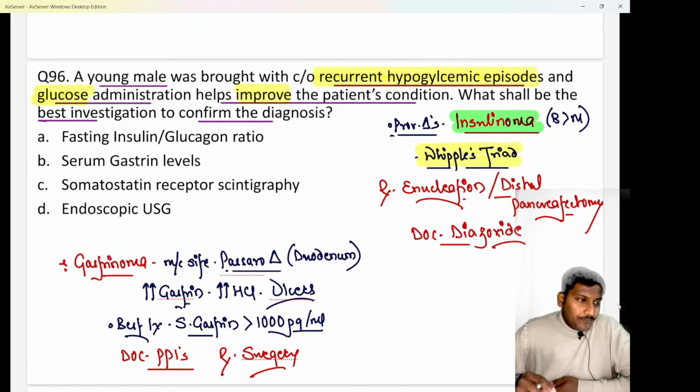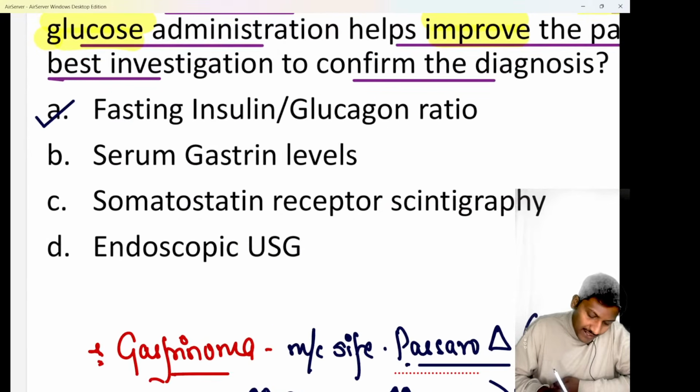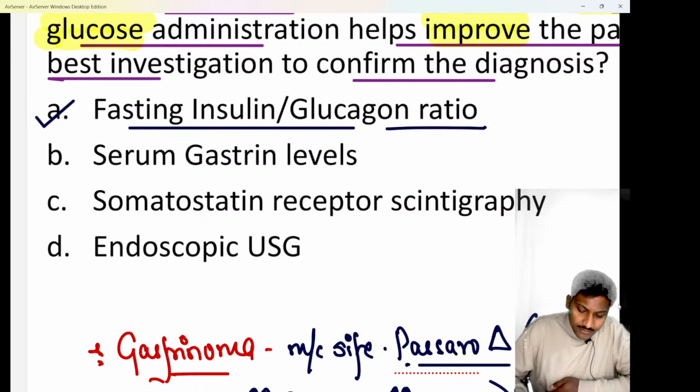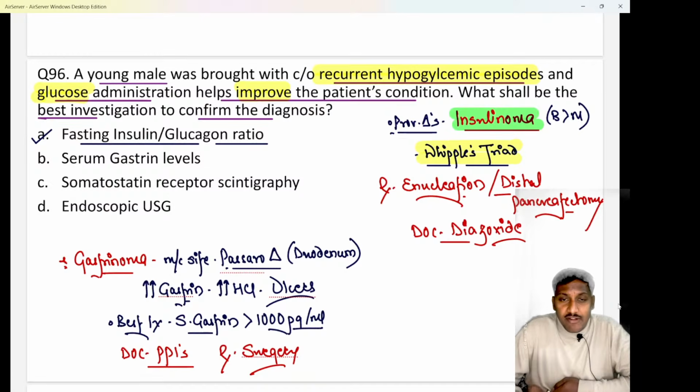In insulinoma, do remember the gold standard or best investigation is option A, that is fasting insulin by glucagon ratio. Or you can check only the fasting insulin levels. Normally in fasting the insulin level should be low, but if the patient is suffering from insulinoma, even during fasting the insulin levels are high, and that proves your diagnosis.